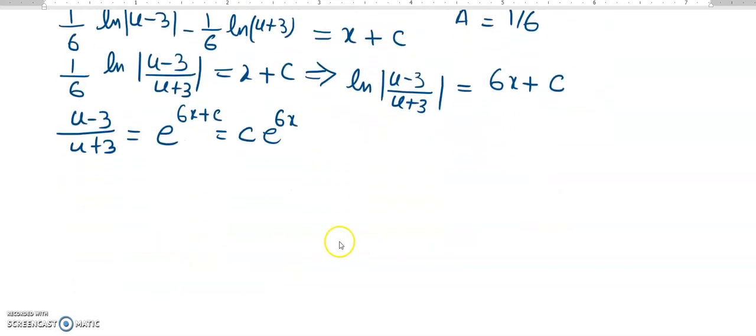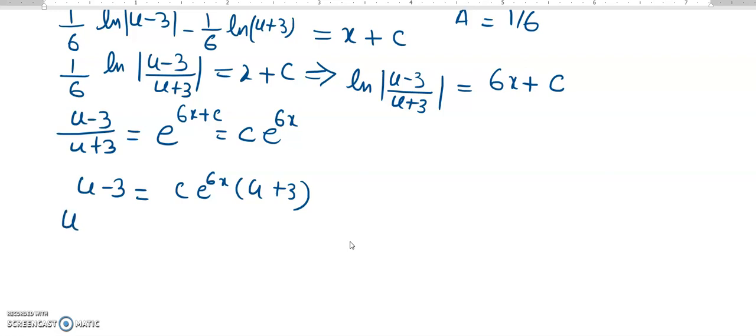Now what I can do is I can cross multiply. u minus 3 will be equal to c e power 6x into u plus 3, and then I take the u terms on one side and the other terms on the other side.